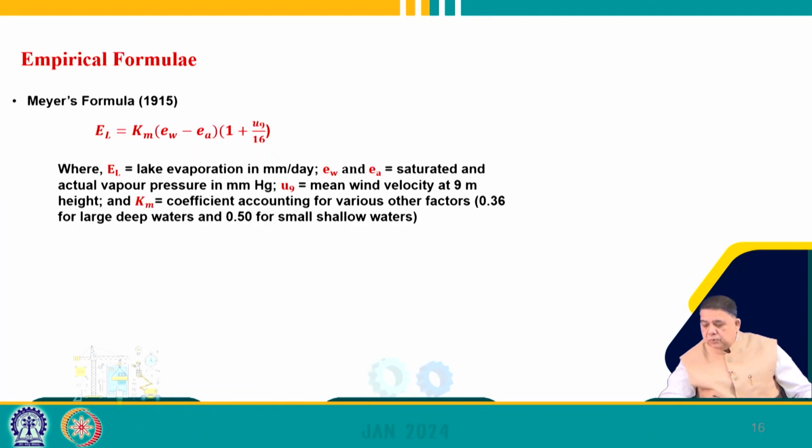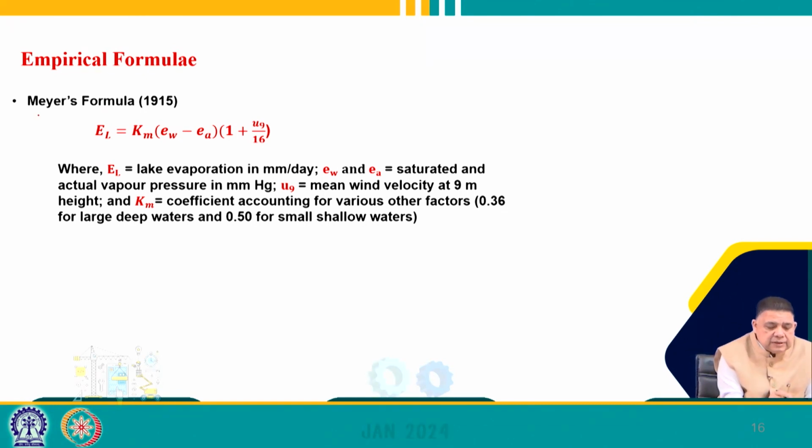Now, we come to empirical formulae, and the first formula which we discuss is Meyer's formula, which was given in 1915. According to Meyer's formula, EL is Km times (EW minus EA) times (1 plus U9 by 16), where EL is the lake evaporation in millimeter per day.